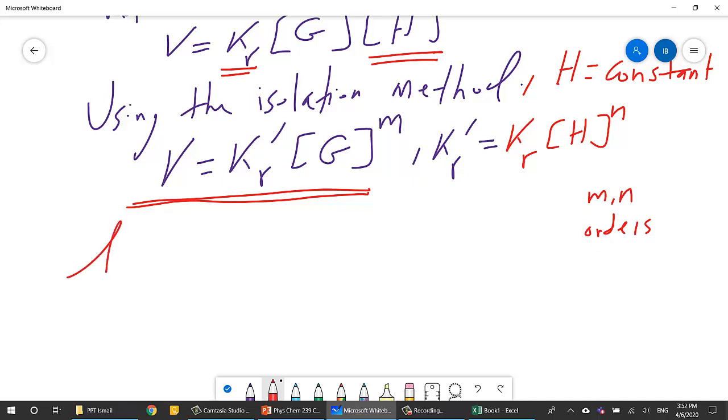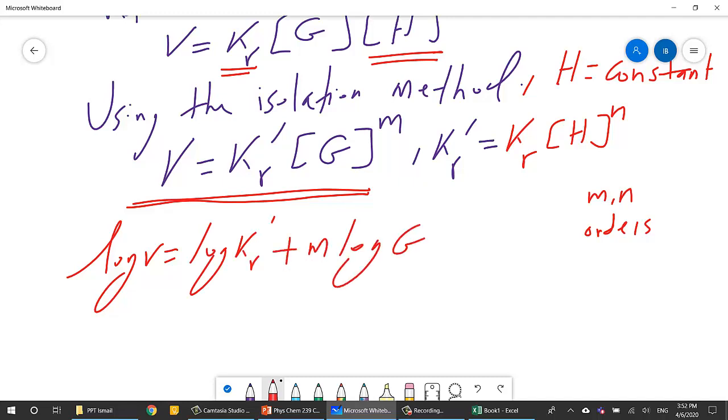So here I have log V is equal to log Kr prime plus M log G, and I showed you how to obtain this equation before.